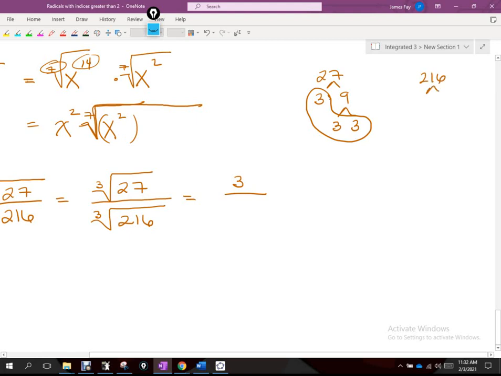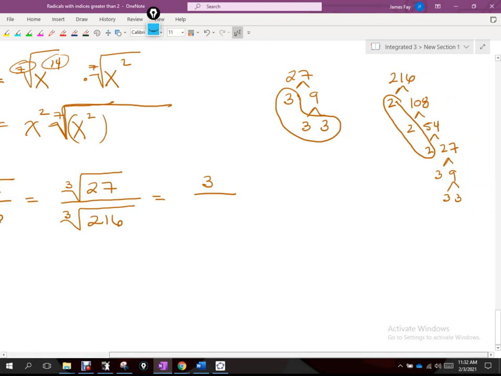So 216, 2 and 108, 2 and 54, 2 and 27, 3 and 9, 3 and 3, right? So here's a group of 2s. And here is a group of 3s.